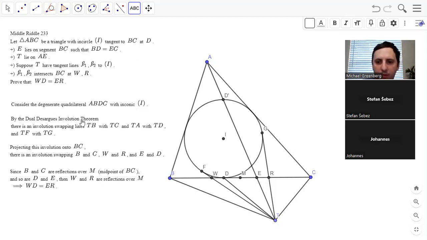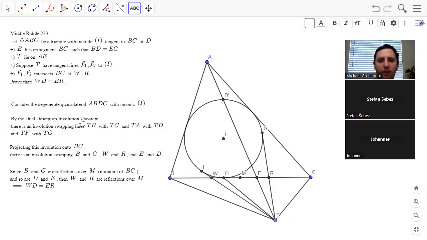In general, we can also apply it onto a non-degenerate quadrilateral, and then it's in some cases more interesting. Then we get, without considering the inconic, 3 pairs. So the theorem actually gives us four pairs in that involution. But in the degenerate case, 2 of these are the same thing.